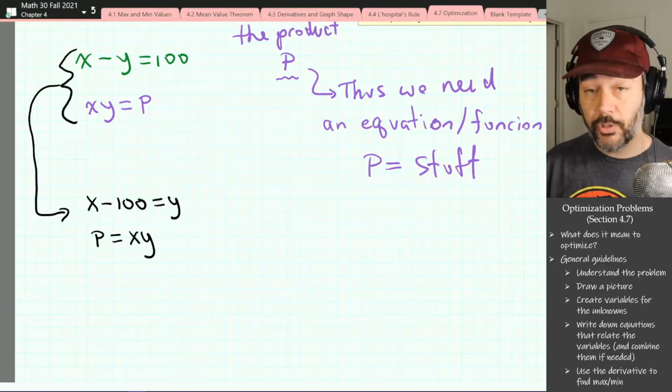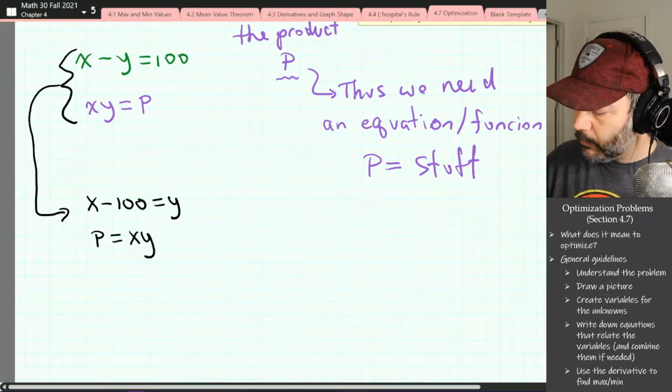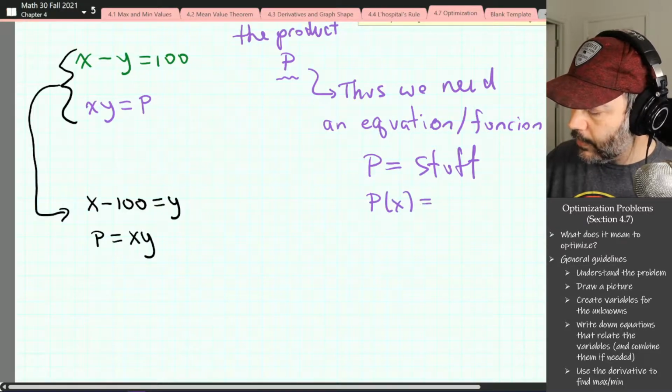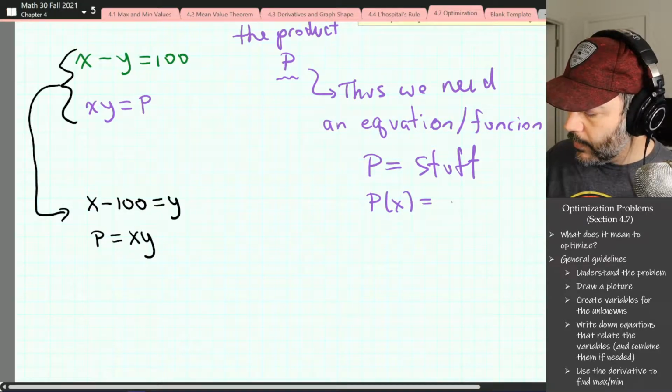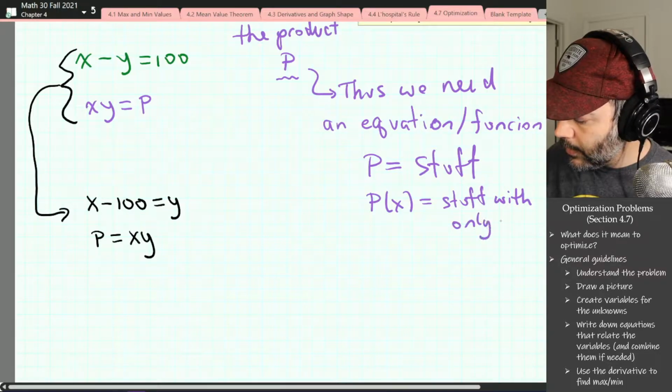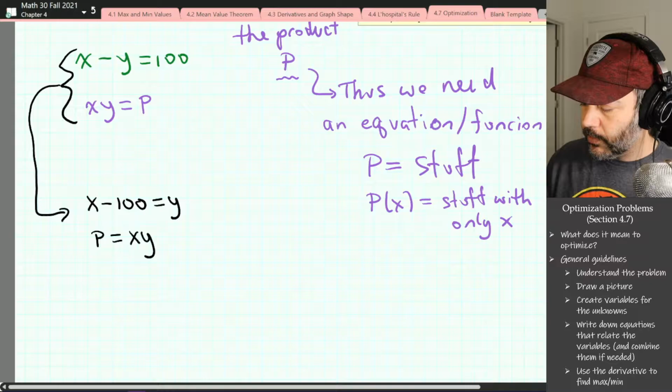And now we can actually just do a substitution, because what we want is P of x equals stuff with only x. And I'll do that by substitution.